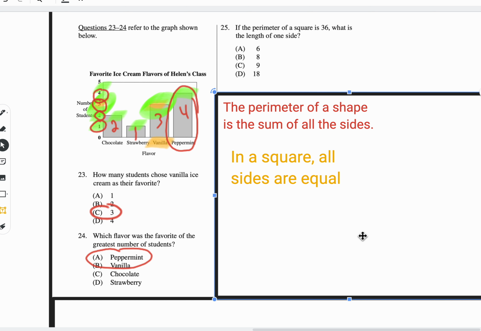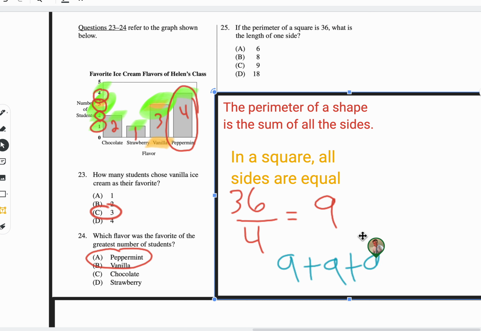So if the perimeter is 36, then each side equals 36 divided by 4, or 9. 9 plus 9 plus 9 plus 9 is 36. The correct answer is 9, or answer choice C.